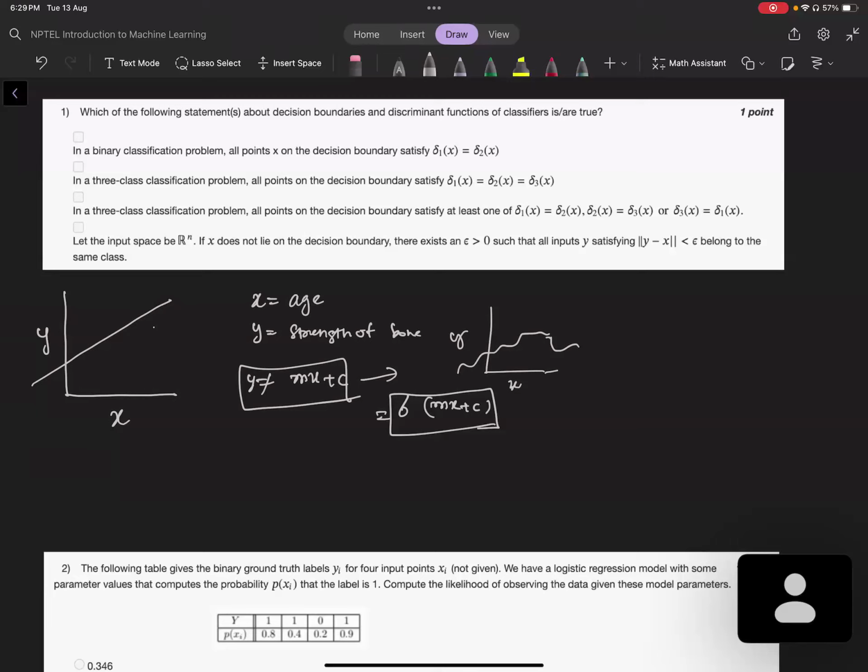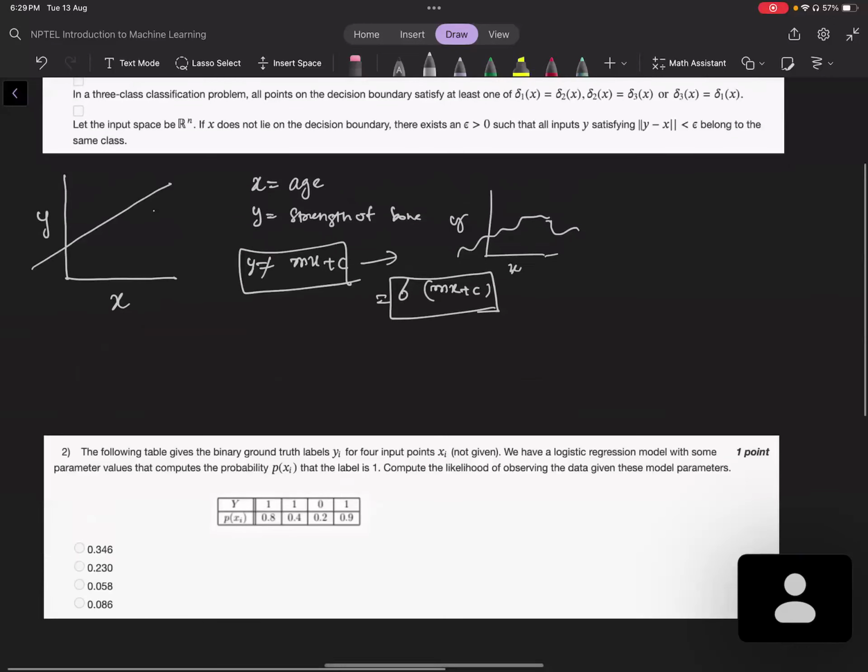Option B: in a 3-class classification problem, all points on the decision boundary satisfy delta 1 of x equal to delta 2 of x equal to delta 3 of x. In C, it is the condition 1 equal to 2, 2 equal to 3, 3 equal to 4, 3 equal to 1. And D: let the input space be R^d. If x does not lie on the decision boundary, there exists epsilon such that all inputs y satisfying the norm of y minus x less than or equal to epsilon belong to the same class.